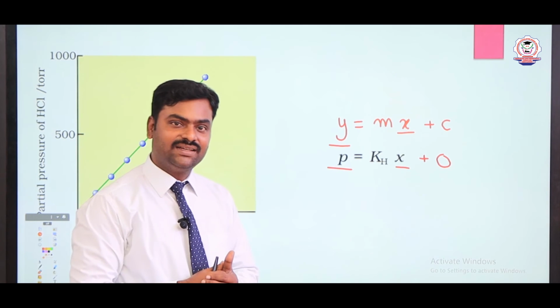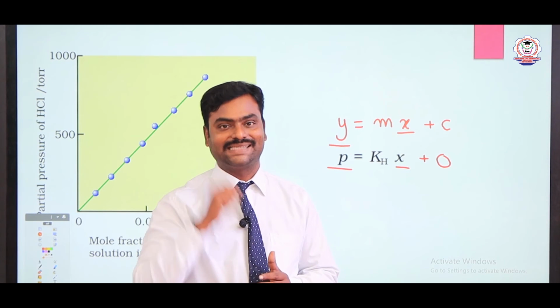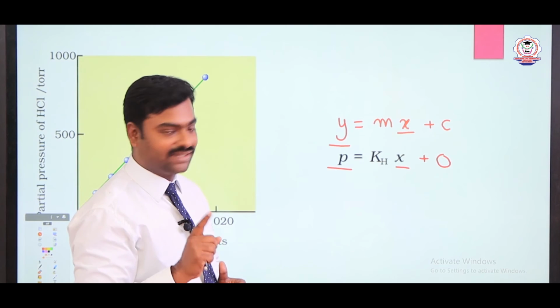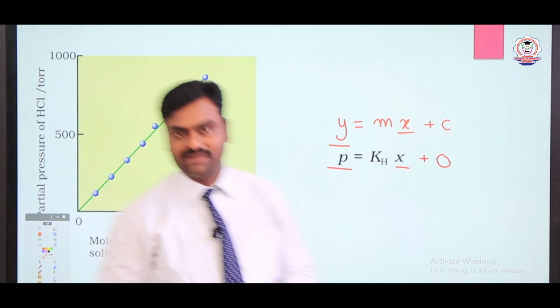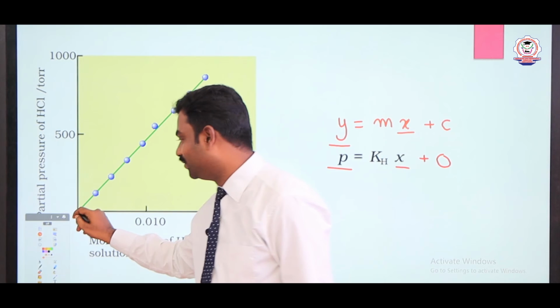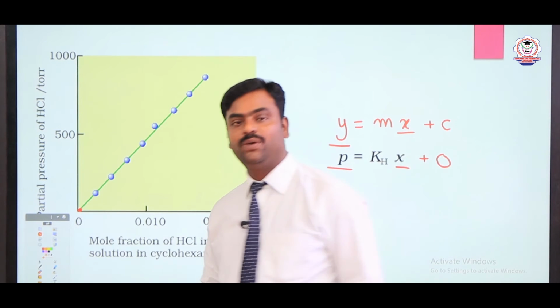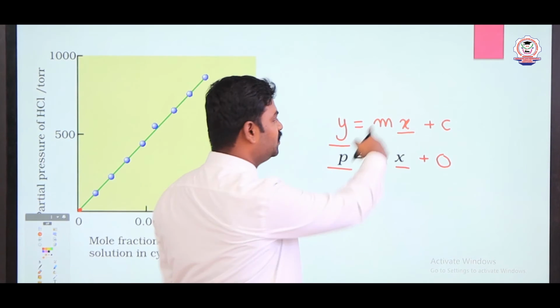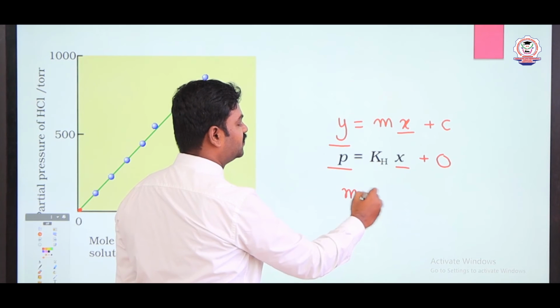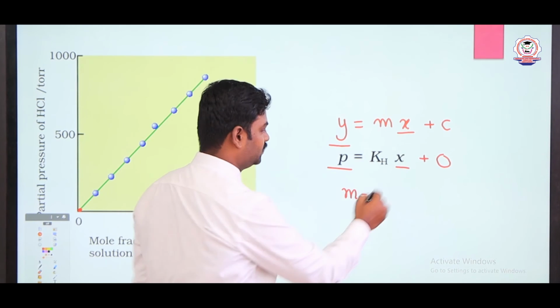What is c in a straight line? c is the intercept on the y axis. Now see here, the line starts at 0, which means the intercept on the y axis is 0. What about the slope? m is the slope, and the slope is actually the KH value.